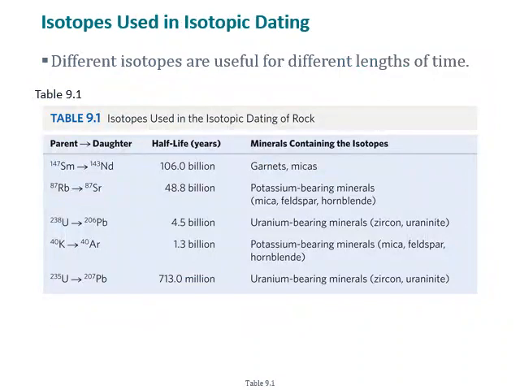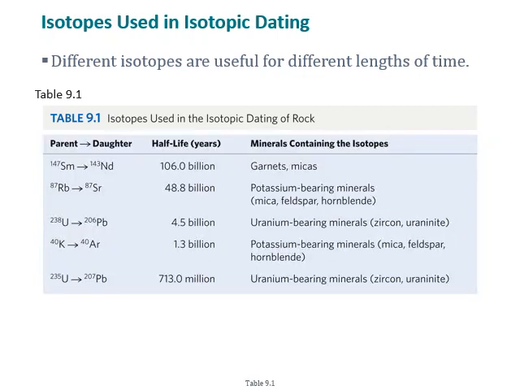Different isotopes are useful for different lengths of time. So when we're dating geologic materials, we want to choose the correct parent isotope or parent-daughter combination to yield a good or precise result. And this is based on the different half-lives. So, for example, samarium and neodymium have a half-life of 106 billion years, and they're present in garnet and mica.